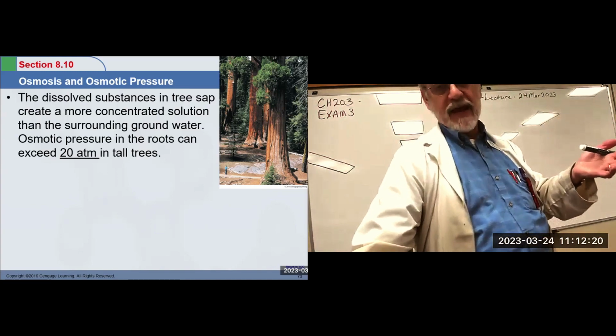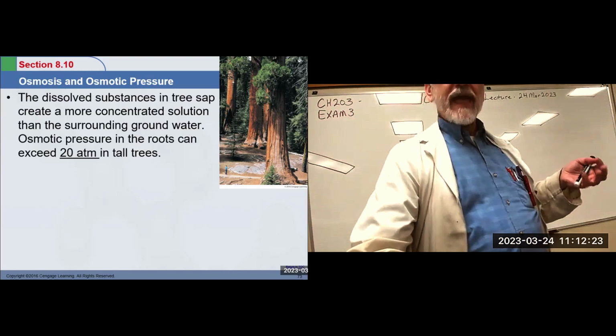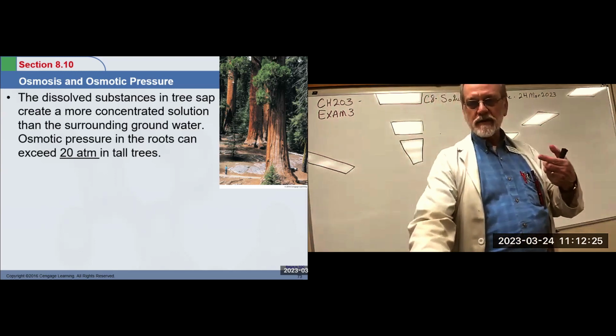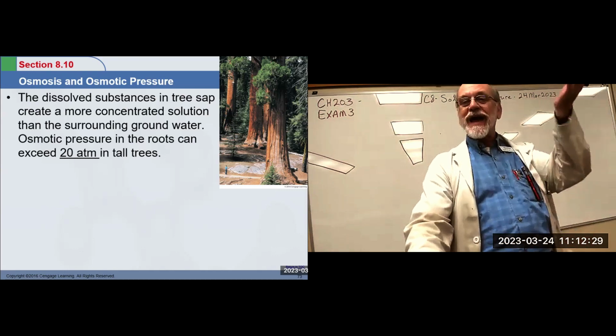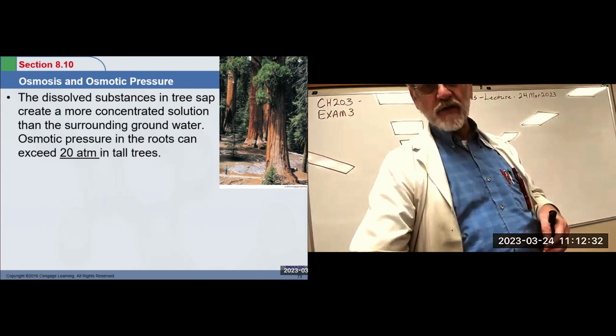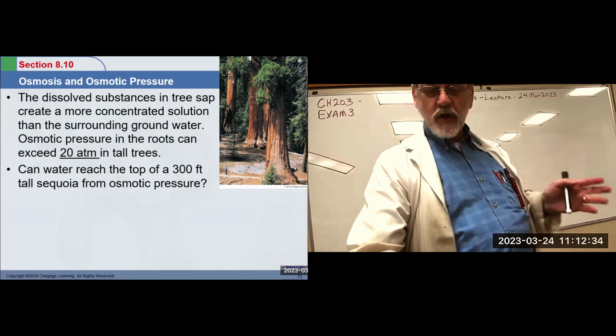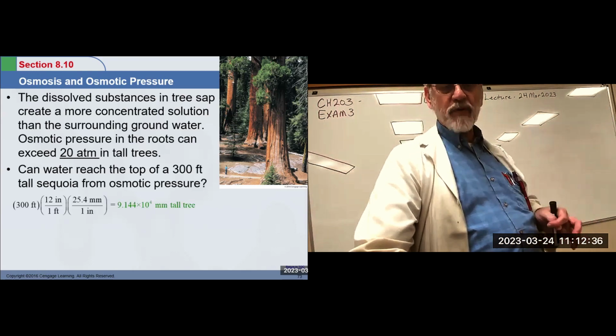It could be higher than that, actually. So can 20 atmosphere pressure, osmotic pressure in the roots of these trees, push the water high enough to reach the top? That's the question. So can it go 300 feet high based on that pressure?